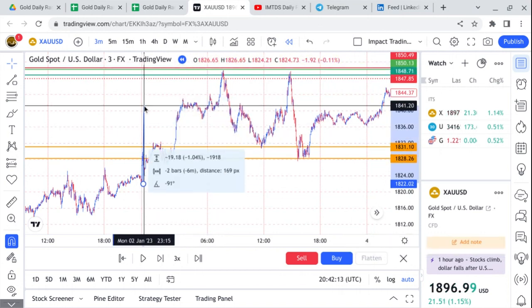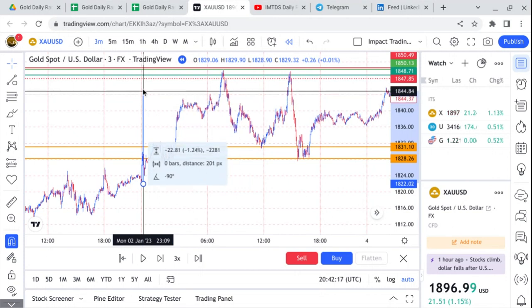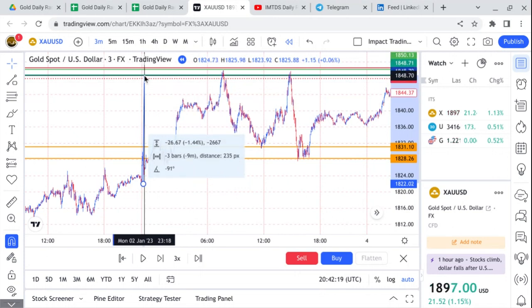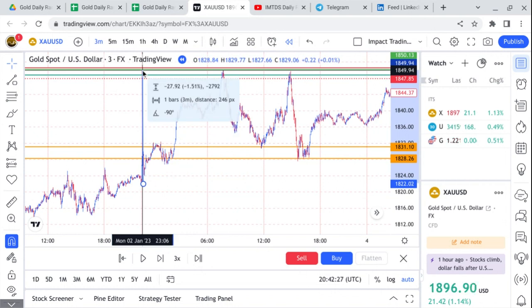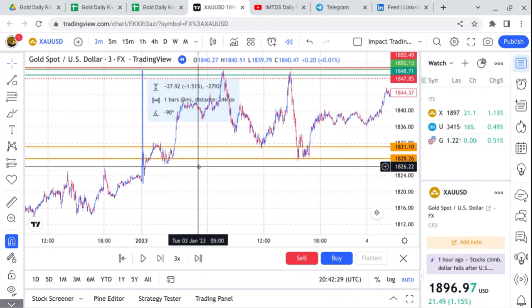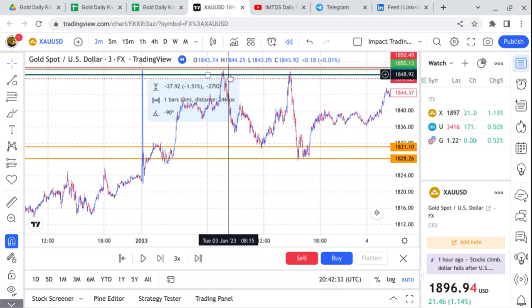So right here, we're saying, all right, we're at 2000. And then now London prices moved up into the London session. Now we're at 2700. Now we're at almost 2800, almost 3000. And then we're entering into an area of supply, demand, support, and resistance.